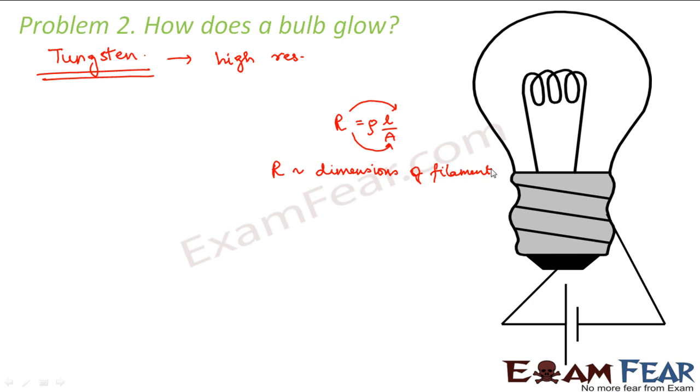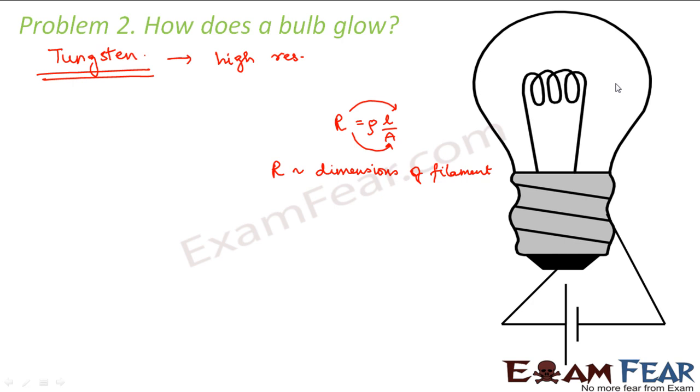Now, in order that this extremely hot filament does not directly interact with the glass, there is some inert gas inside the glass, because inert gas does not react with anything else. They are inactive.